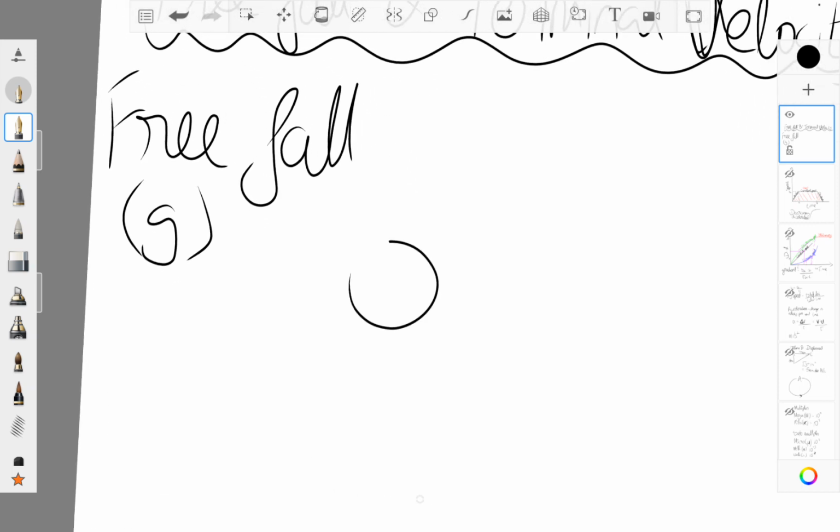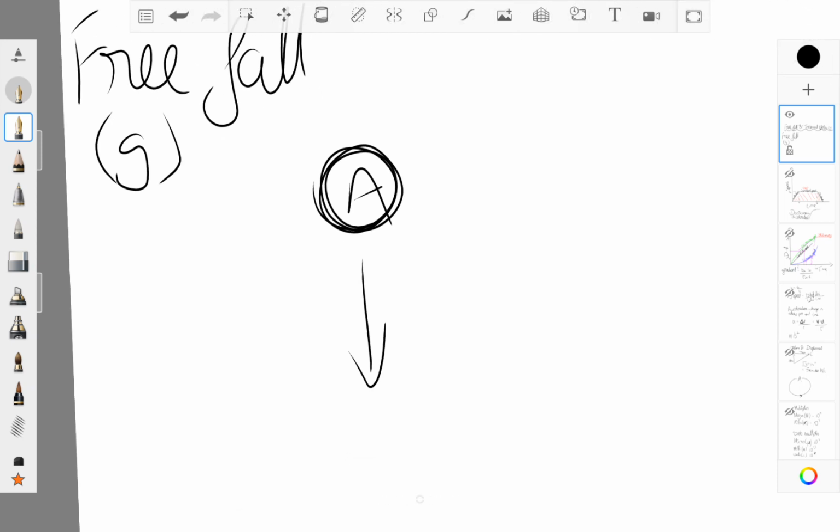So if I have object A, for example, and it's falling, this downward force is, of course, gravitational force. Usually, there's air resistance acting on the ball. But if we say that air resistance is insignificant, which, take note, in a lot of paper 2 questions, if an MCQ question mentions that air resistance is insignificant or opposing forces are insignificant, then they're trying to make a reference to free fall.